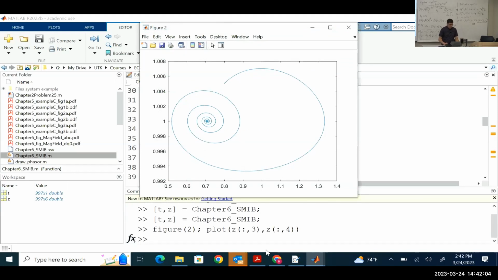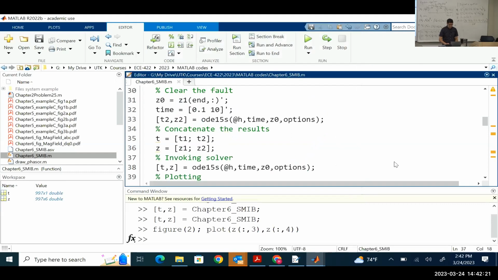Is it a little bit different than before? It looks very different. What happened with the first part? We're supposed to move from the equilibrium point to the short circuit and then clear the fault. We need to check this a little bit, yeah?